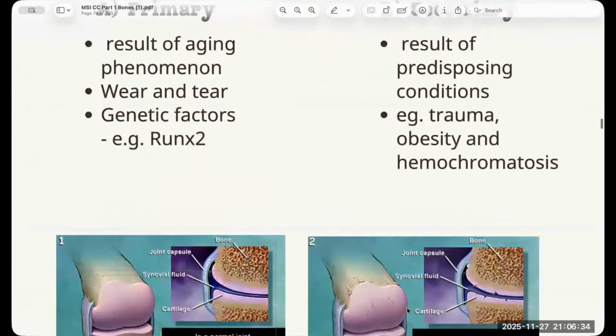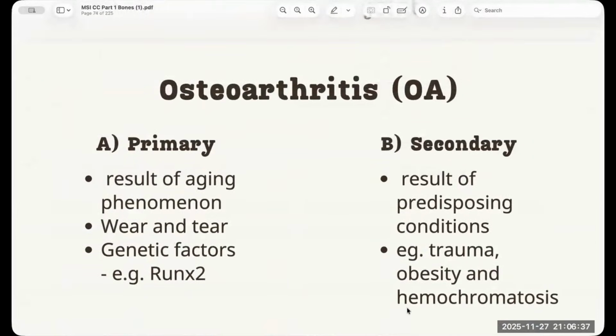Osteoarthritis also has two types: primary and secondary. The primary one is the result of the aging phenomenon, normal wear and tear. The patient could be predisposed by genetic factors such as RUNX2, especially after age 65. Secondary is the result of predisposing conditions such as trauma, obesity, and hemochromatosis.